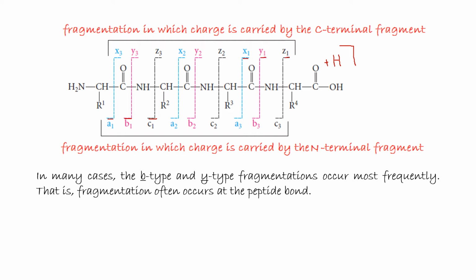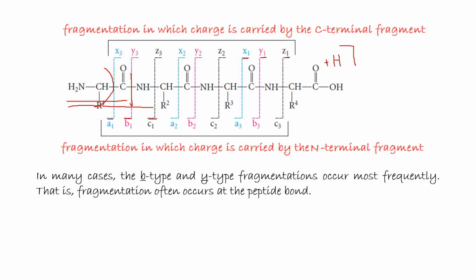What do I mean? For A, we will see this part. B, we will see this part. And C, we will see this part, as M/Z, I mean the charged species.